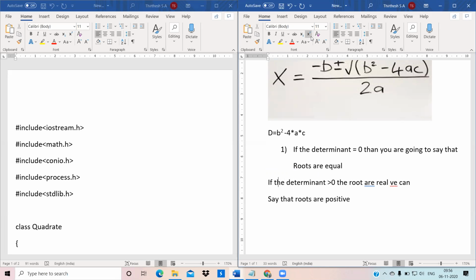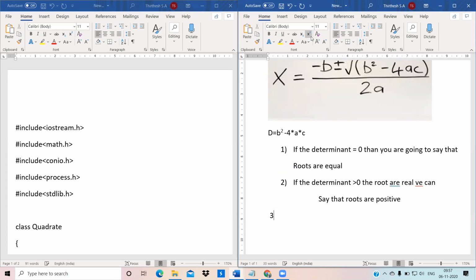Then what is the second condition? The second condition tells that if the given determinant is greater than 0, then we are going to say that the roots are real, or we can say that the roots are positive.